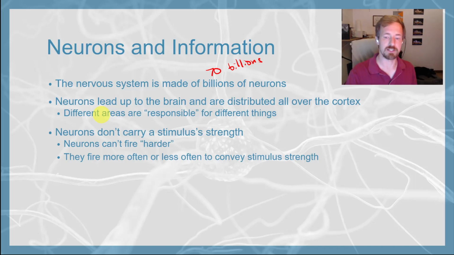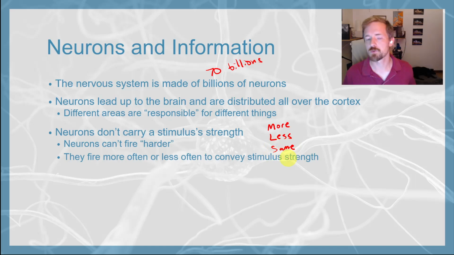The real difference here is that neurons are going to fire more, fire less, or fire the same rate. I'm going to say that one more time. Neurons are either going to fire more, they're either going to fire less, or they're going to fire the same. And the reason why I think that's important is because the brain is a super complex organ, but it only really understands 3 words: more, less, or the same.